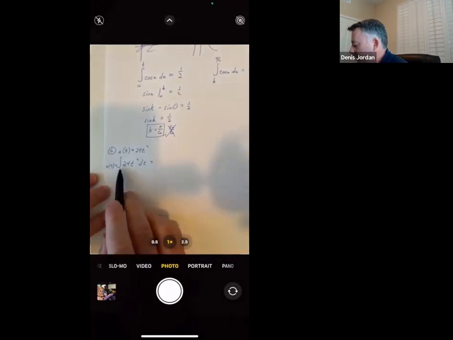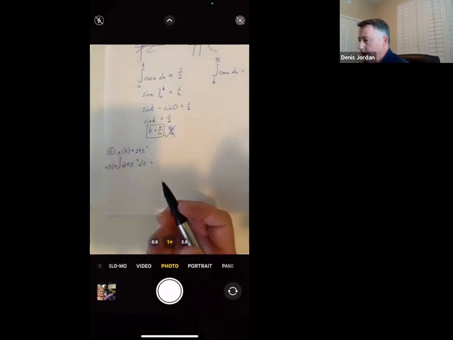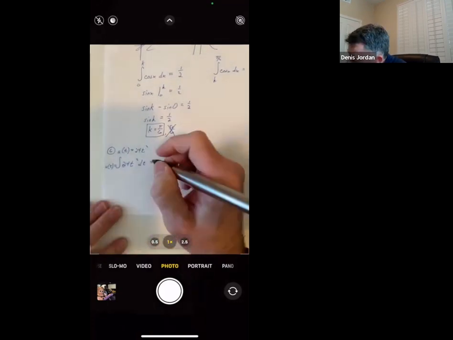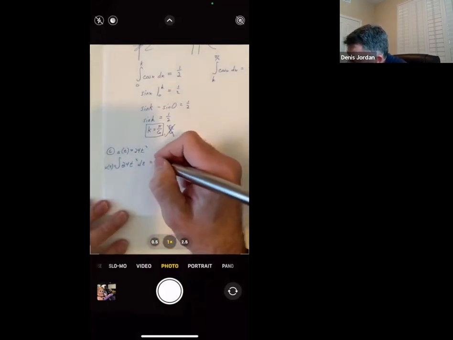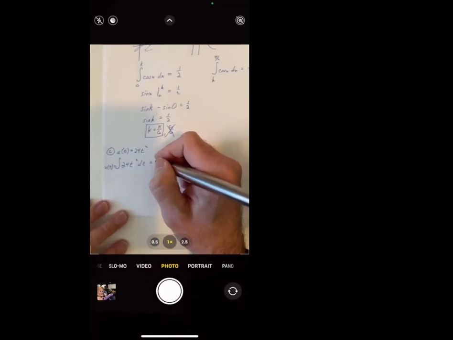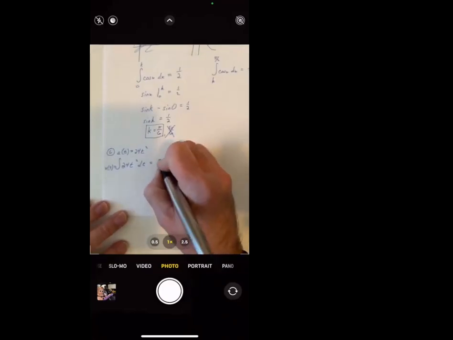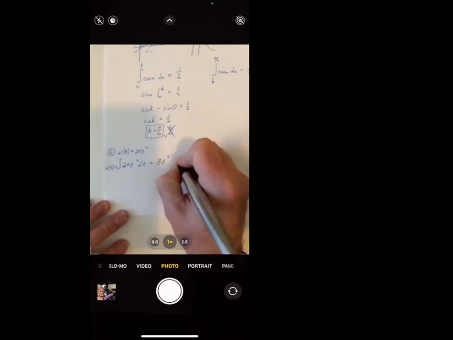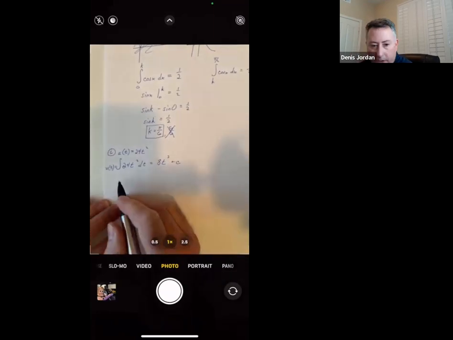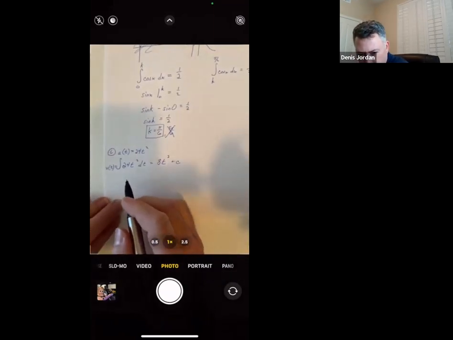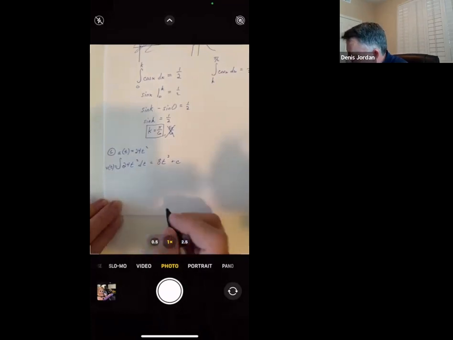So if you integrated 24t squared, what would you end up with? Eight t to the 3rd, plus c. And so now you can use that other given piece of information, that the velocity is 8 when t is 0.